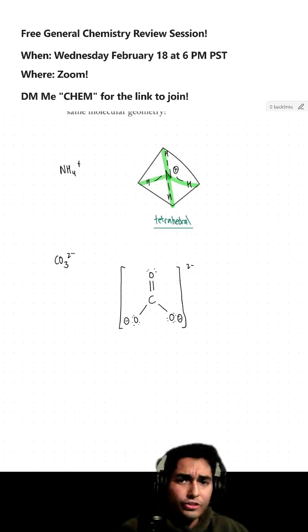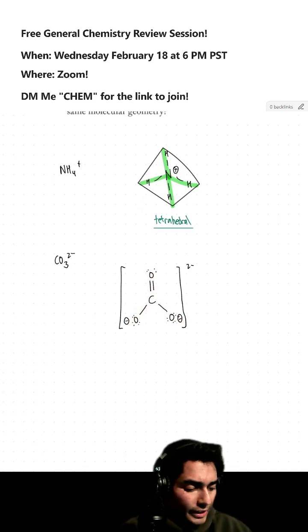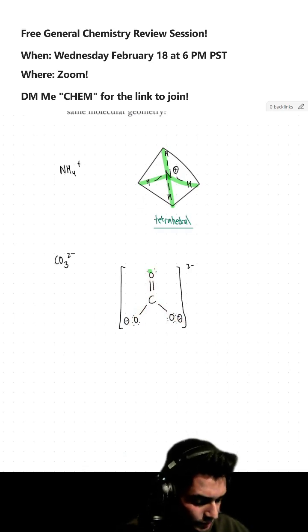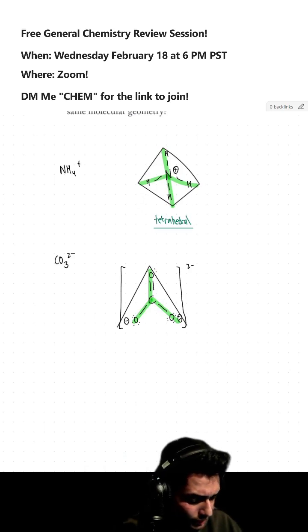And so what's the shape of this? Well, every time I have a double bond, that's telling me I have a planar 2D shape here. And notice that I have a kind of triangle shape. If I were to draw a line connecting each of these atoms, it would look something like that.